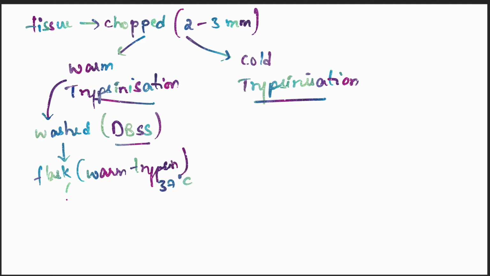Next, contents are stirred in the flask every 30 minutes for 4 hours.